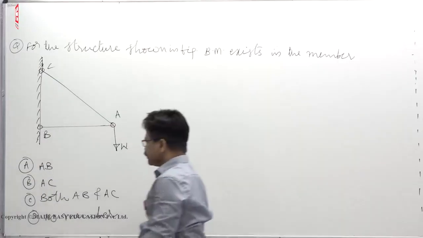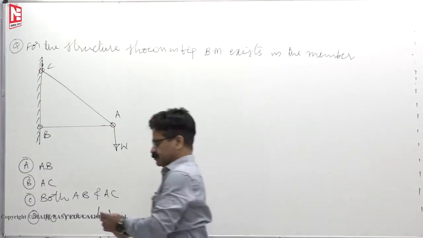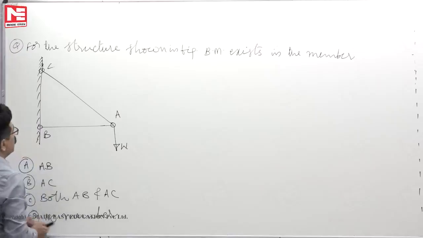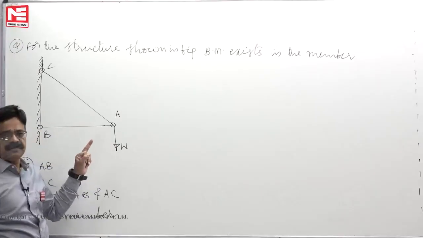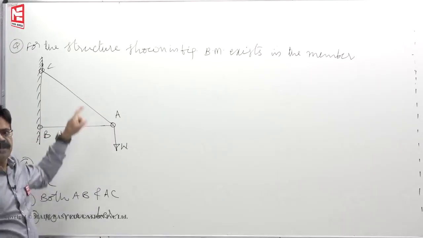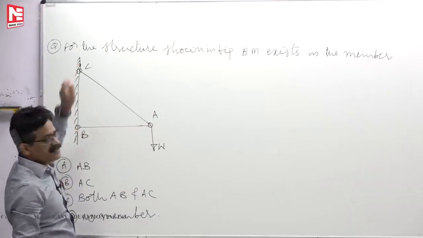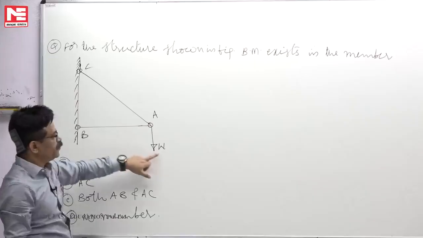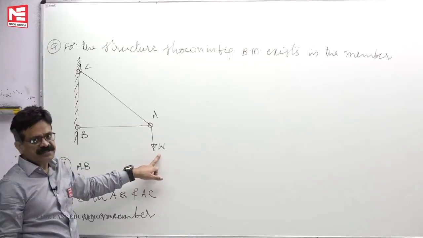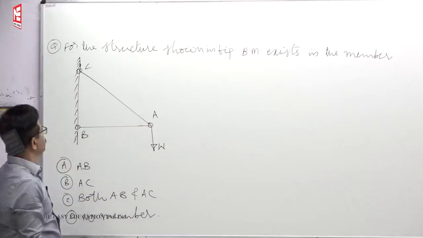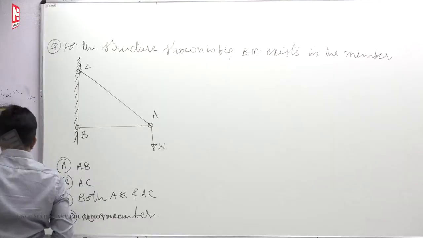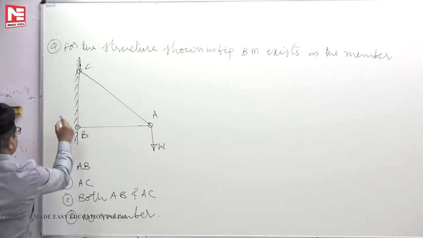Now you see, if a structure like this is given, there are 2 members, all members are straight, connected by smooth pins, and load is applied only at the joints. Actually, if they show it like this, it is a wall.